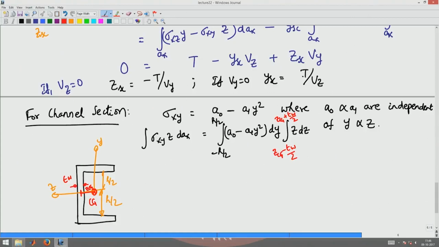Okay. So, now what happens? If I integrate this, I will get A0 H minus A1 by 3 into 2 into H cube by 8, right.